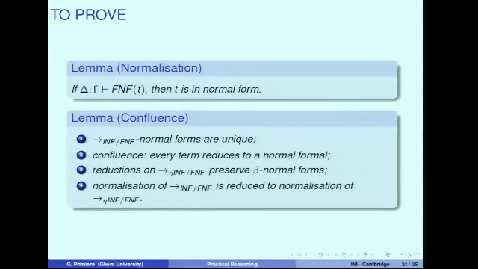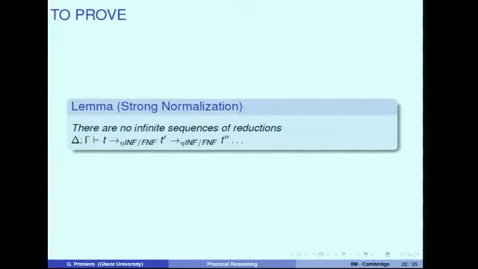And if confluence is proven, then the following will result as a lemma. This is the idea of the strategy, namely one will get to the point where there is no infinite reduction, because every expression will in the end lead to a normal form, which is the final normal form.